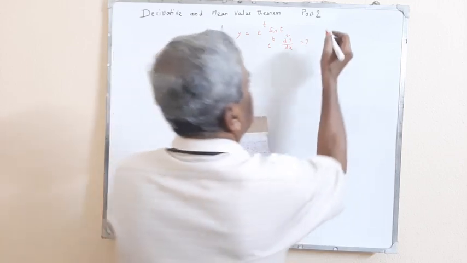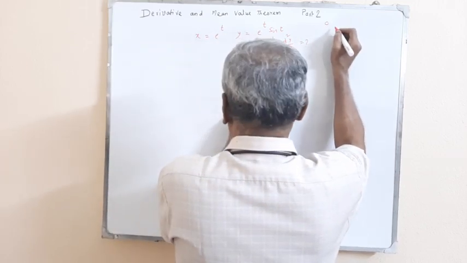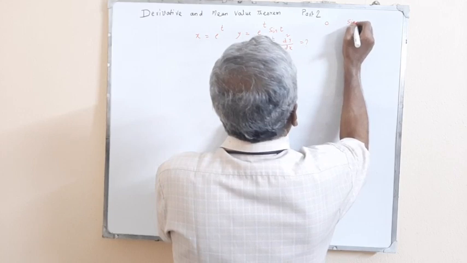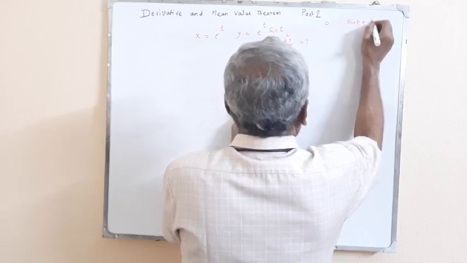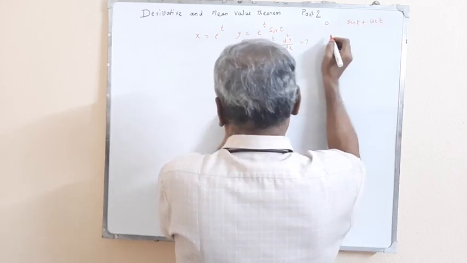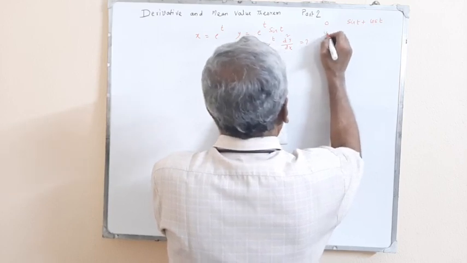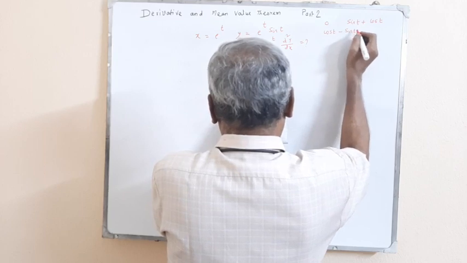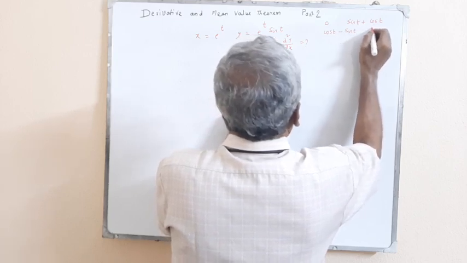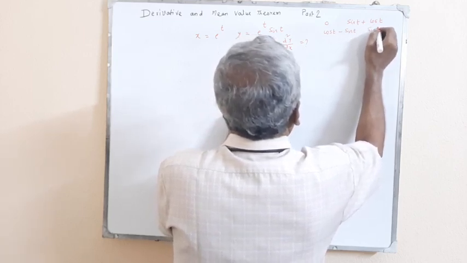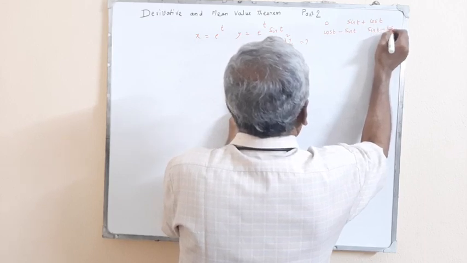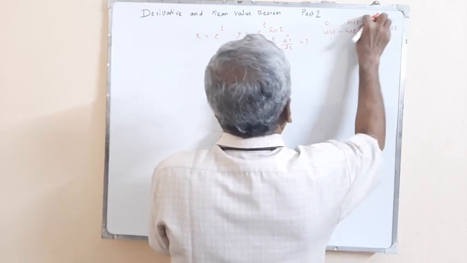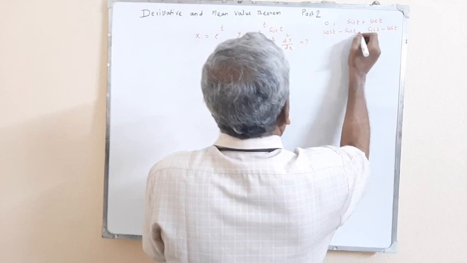Options: 0, sin t plus cos t, cos t minus sin t, sin t minus cos t. So these are 4 options.